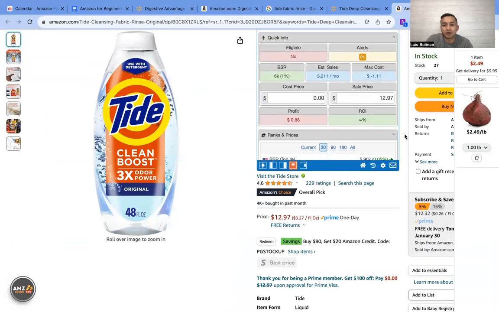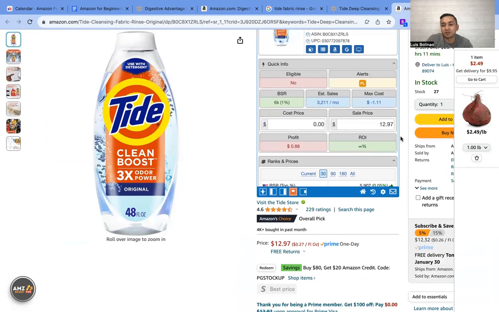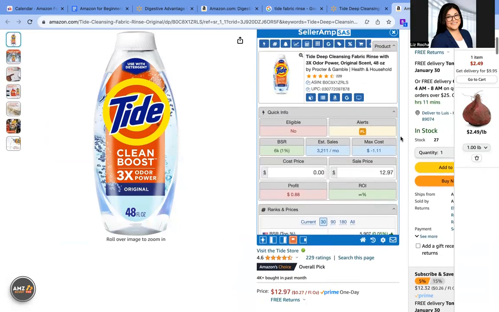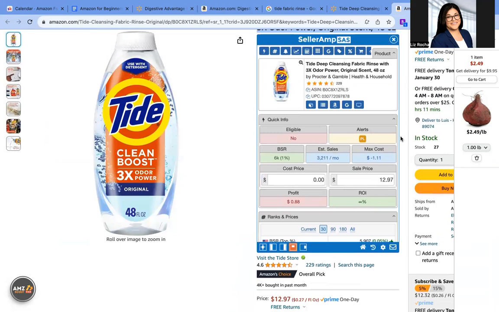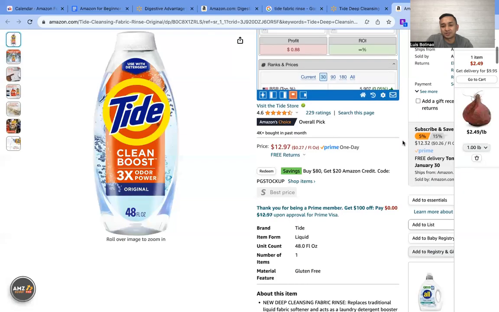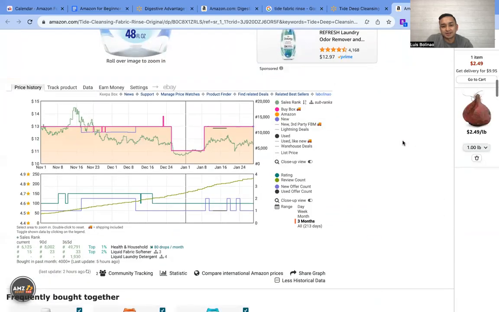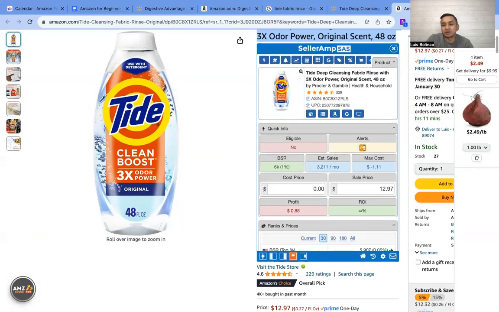So you want an example of how it looks when it's popular? Yeah, it says eligible no, so that means it's gated, right? And then what does PL alerts mean? Oh, this one is private label, it says. But this one's not always accurate though.